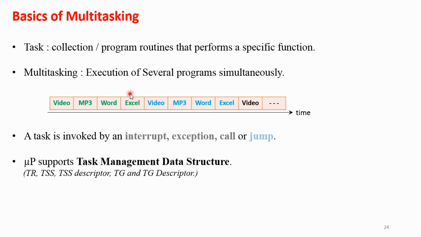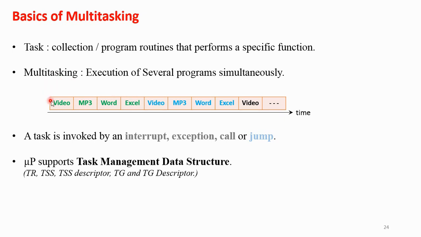and here the microprocessor will give some time to execute the video application. After that, some time, let's say 5 milliseconds, will be allotted by the microprocessor to run the MP3 related application. Then the next 5 milliseconds will be allotted to execute the Word related application, and for the next 5 milliseconds the microprocessor executes the Microsoft Excel related application.